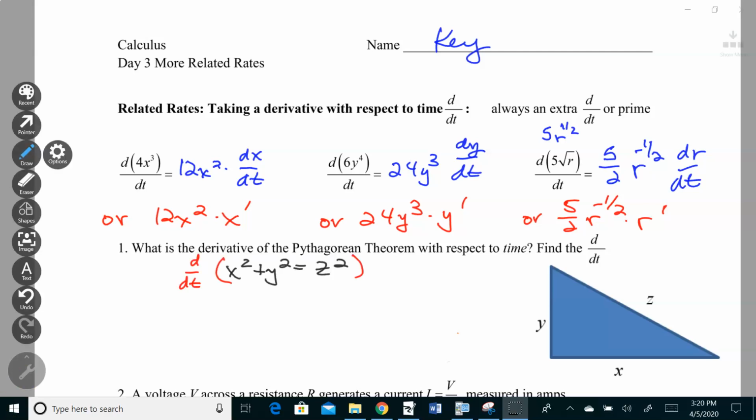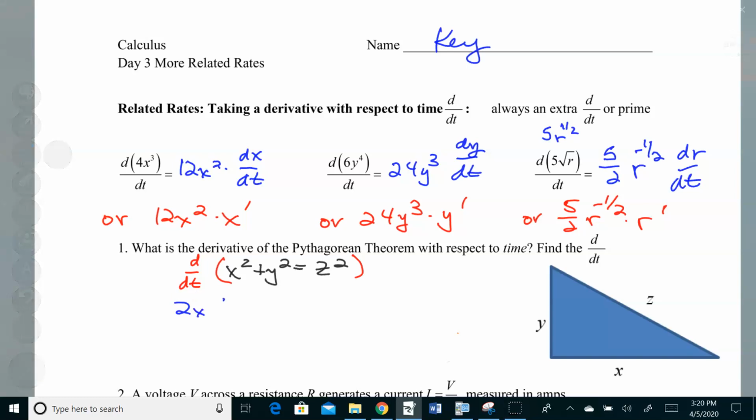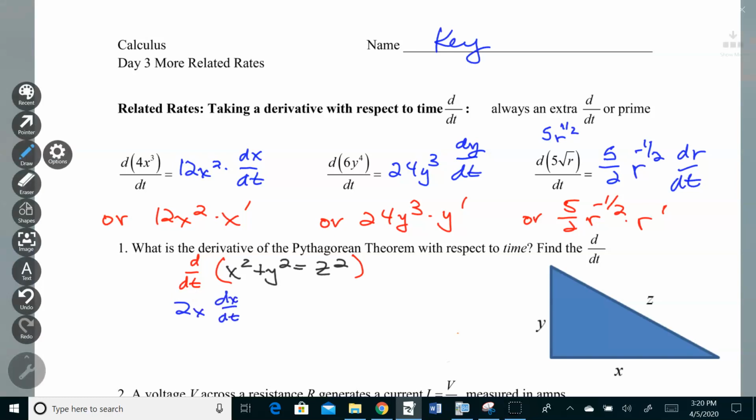And again, we're going to work with the Pythagorean theorem, and the derivative of the Pythagorean theorem turns out to be 2x dx over dt plus 2y times dy over dt is equal to 2z times dz over dt.